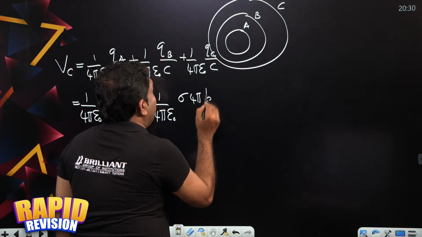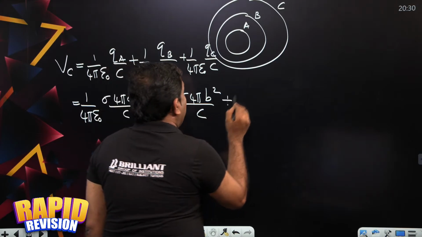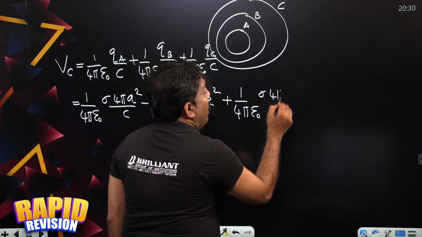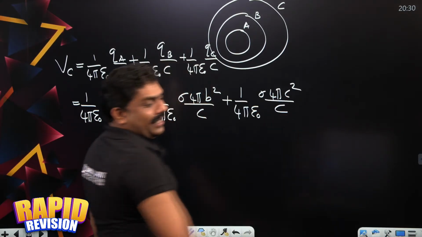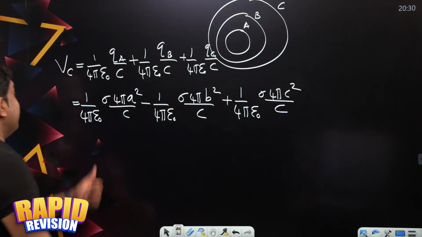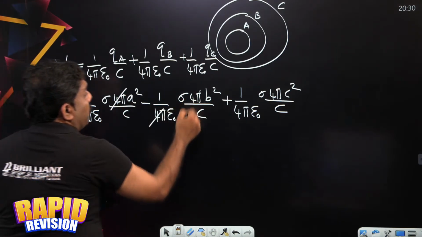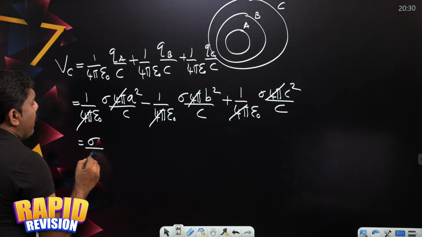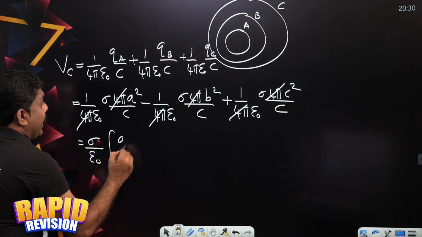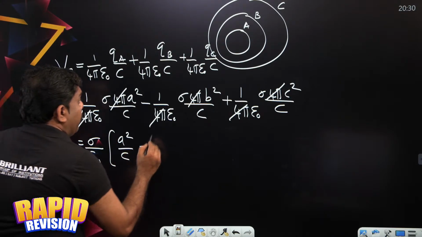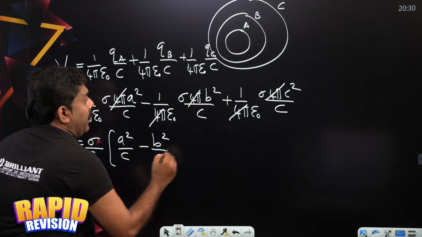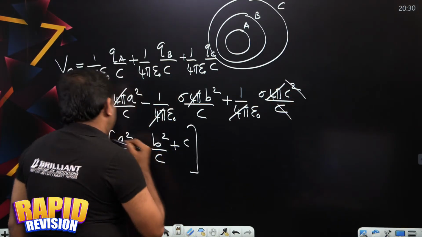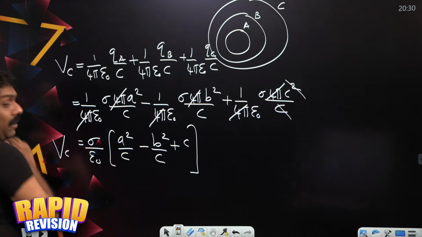Sigma 4 pi B square by C. Then plus 1 by 4 pi epsilon 0 sigma 4 pi C square by C. Now simplifying, 4 pi cancels. It comes sigma by epsilon 0 into A square by C minus B square by C, and the C in the last term cancels, so plus C will be there. So this is VC now.